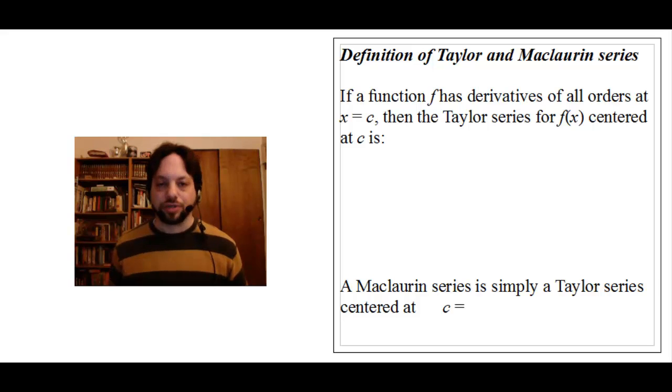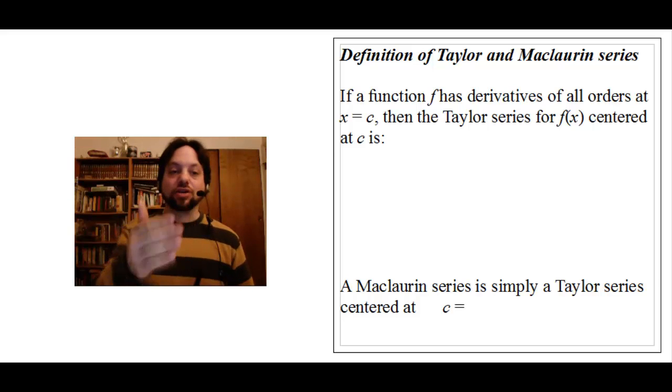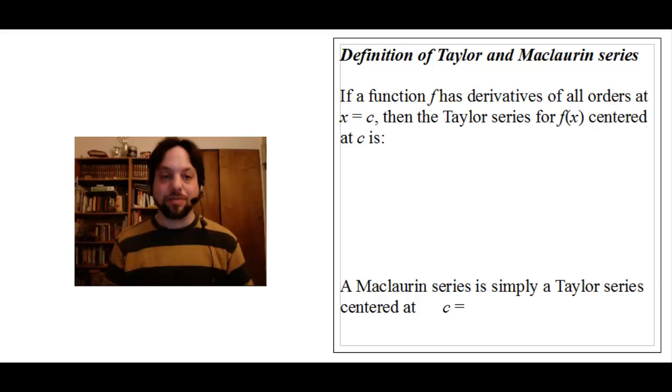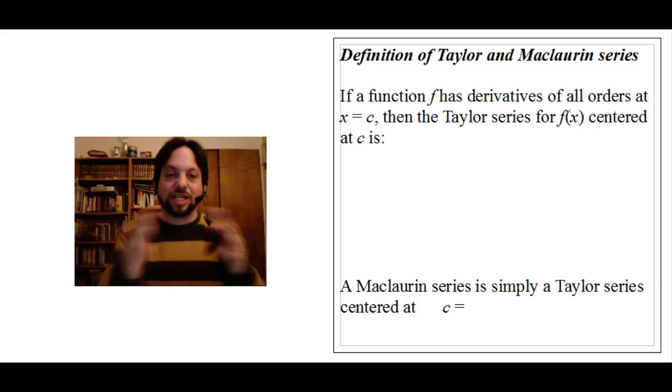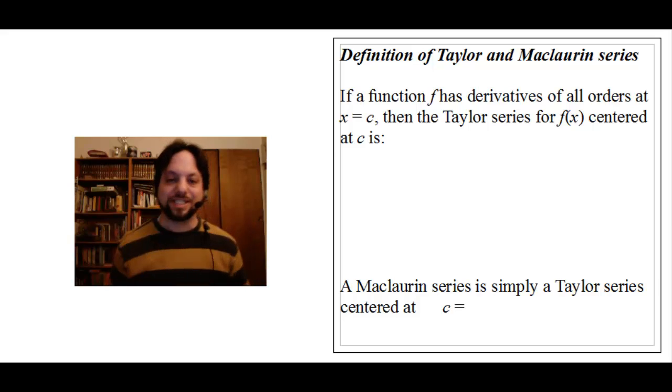Now that we've had the opportunity to go back and take a look at the Taylor and Maclaurin polynomial approximations, here is our definition of the Taylor and Maclaurin series. Remember, this is just the condensation of that long polynomial into one series definition.